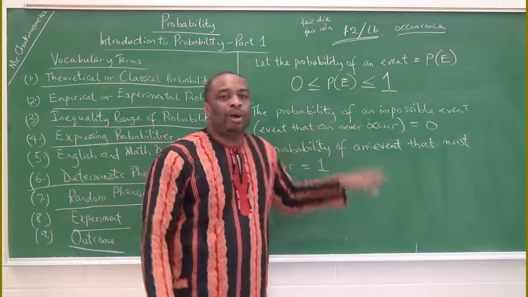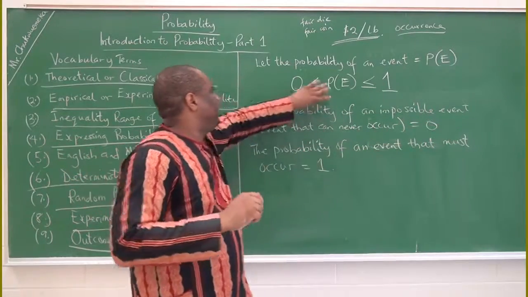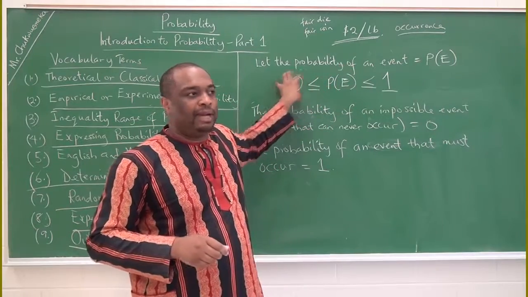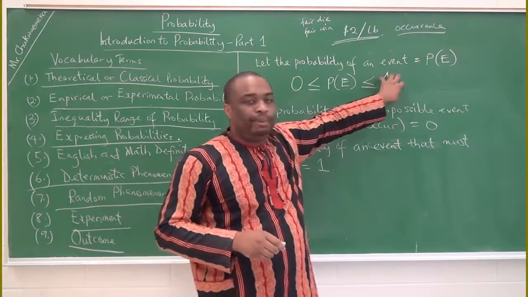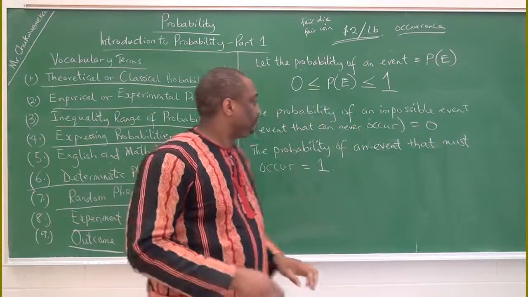So you see, 0 and 1 are the two extremes of the probability of an event. The probability of an event lies between 0 and 1, 0 being the probability of an impossible event, and 1 being the probability of an event that must occur.